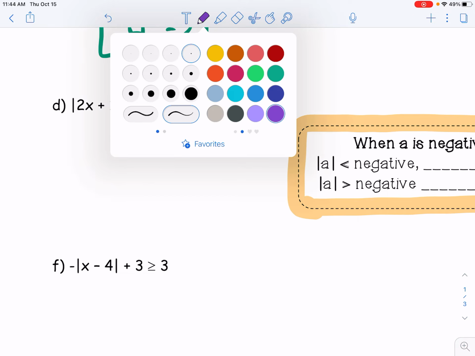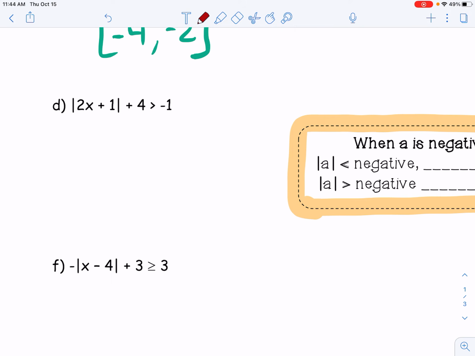I have the absolute value of 2x plus 1, plus 4, is greater than -1. So again, I need to isolate my absolute value. So absolute value of 2x plus 1, subtract that 4 to isolate, and then I get this. So then it's saying, where is the absolute value greater than -5?